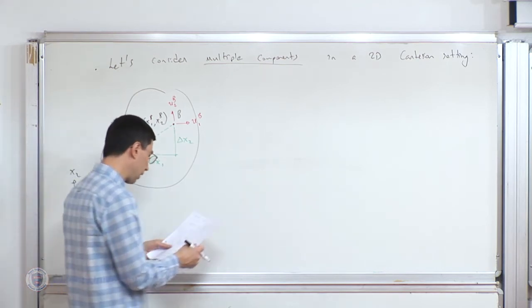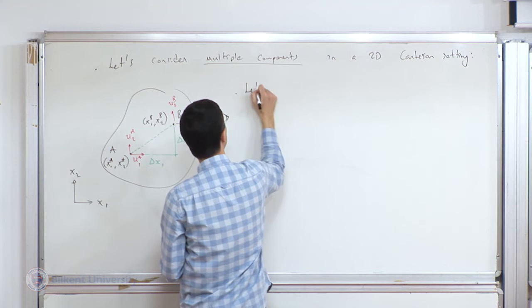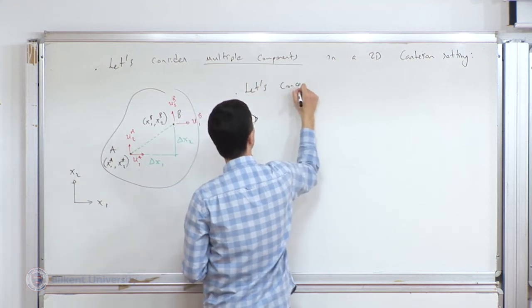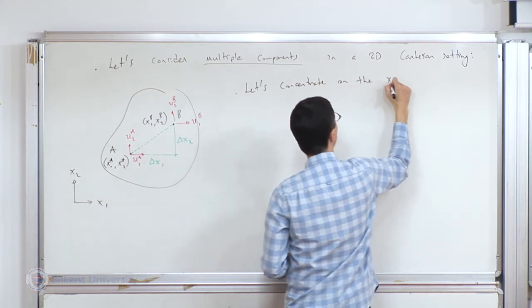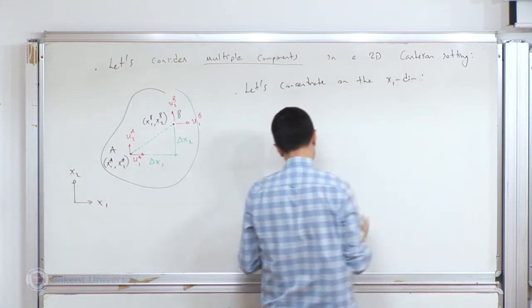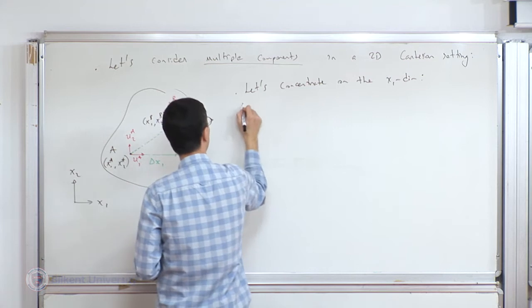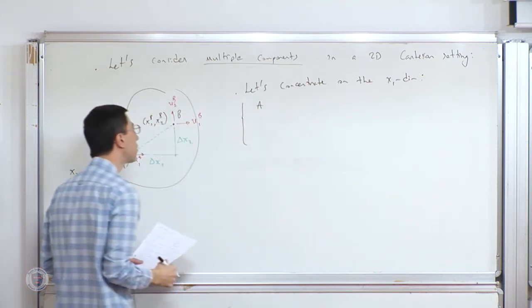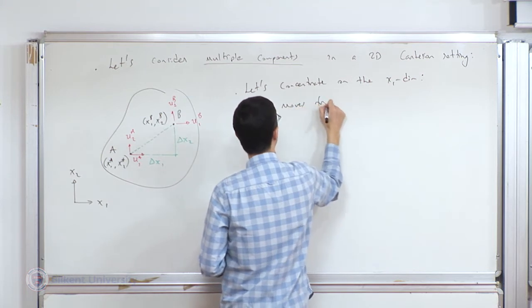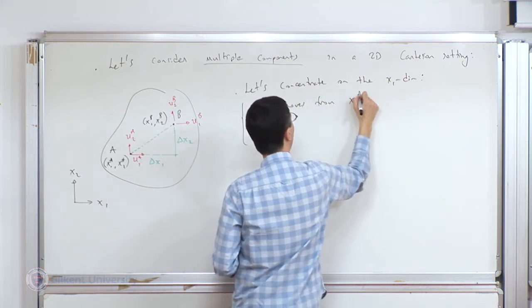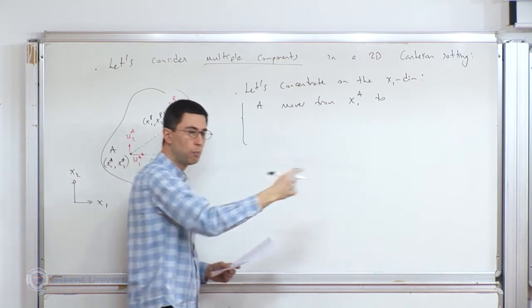The first thing I'd like to do is pick a direction. So let's, for instance, concentrate on the x1 direction. And let's observe, for instance, I have point A. Point A moves from x1A to its new position.